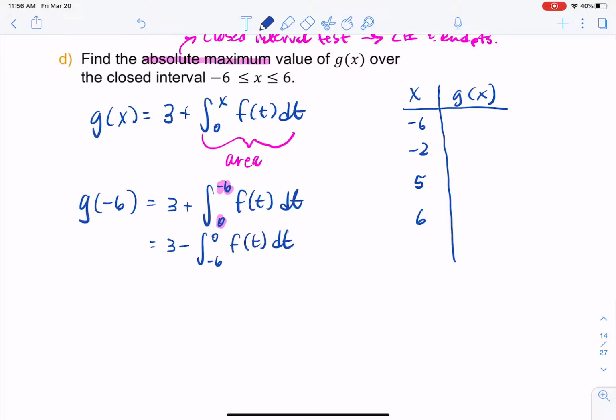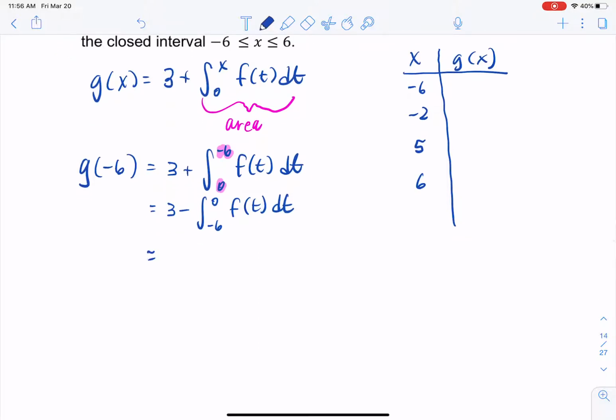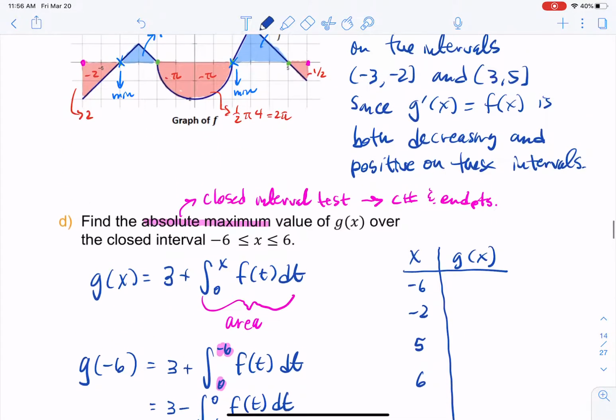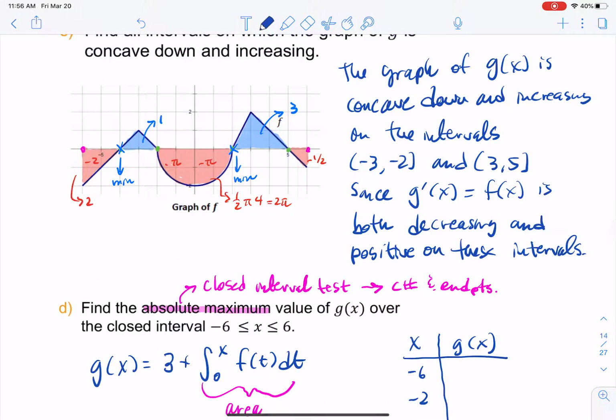And again, I'm doing the definite integral part as the area. So we've got 3 minus, and then I'll put in parentheses all of these area pieces. We're going from 0 to 6. So starting at 0, I have this -pi, I've got this +1, and I've got this -2.